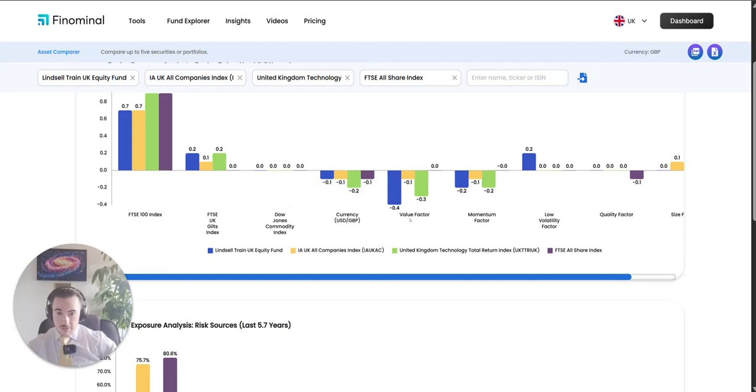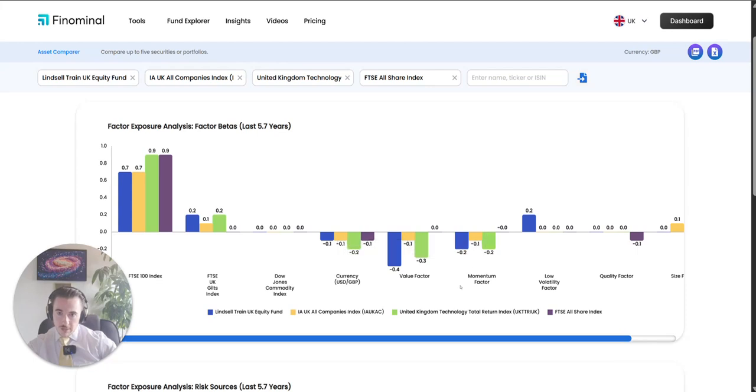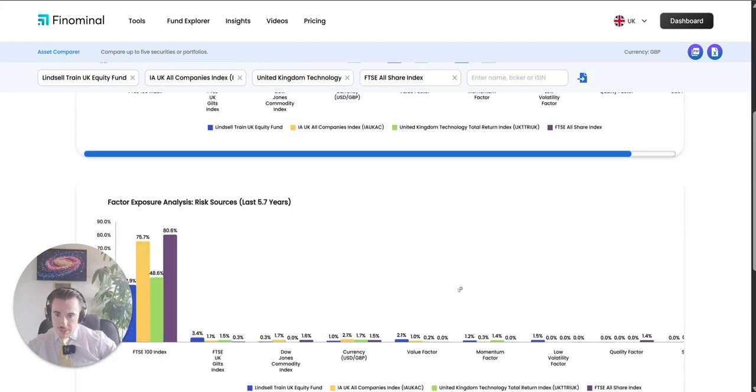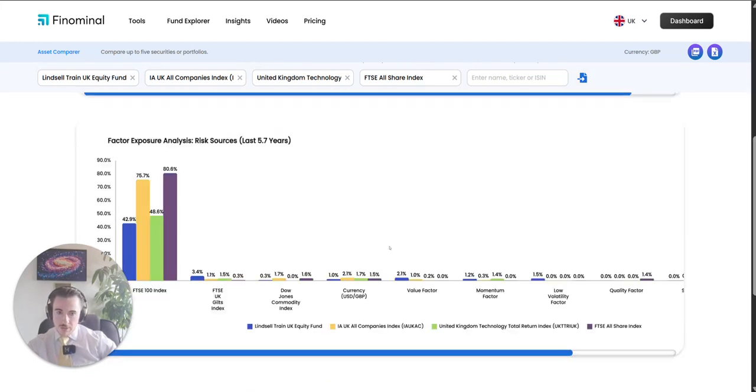We're seeing minus 0.4, as mentioned, for Lindsell Train UK Equity, which is comparable to the UK Technology Total Return at minus 0.3. Also bang on for momentum, at minus 0.2 for the momentum factor beta. And again, we can see the risk sources as shown here as well.